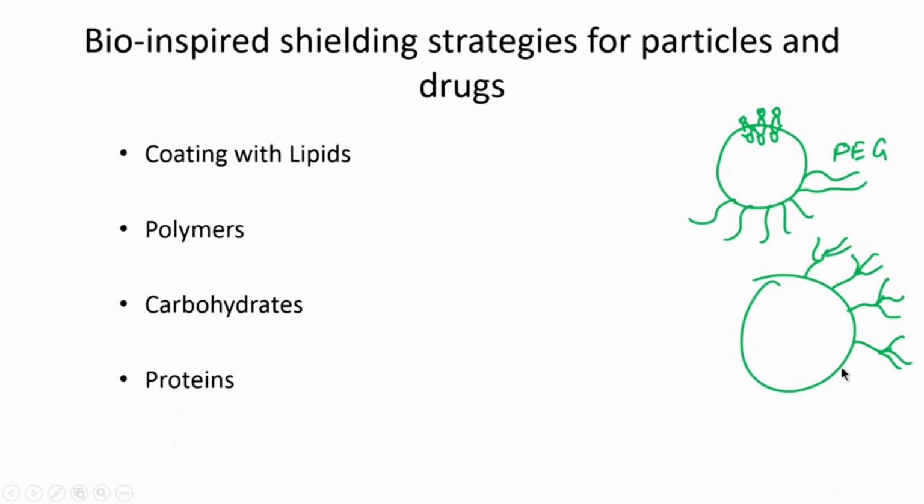And then you can also coat with proteins to mimic the body, as most of our cells have proteins on their surfaces. You can put these on your particles for bio shielding applications, shielding from the immune system and any degradative environment in the surroundings.